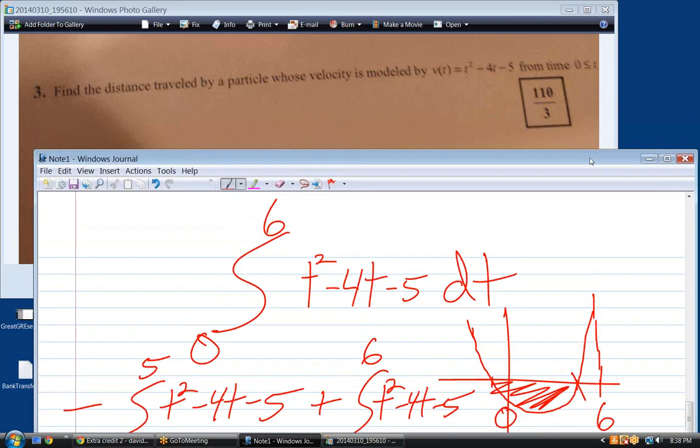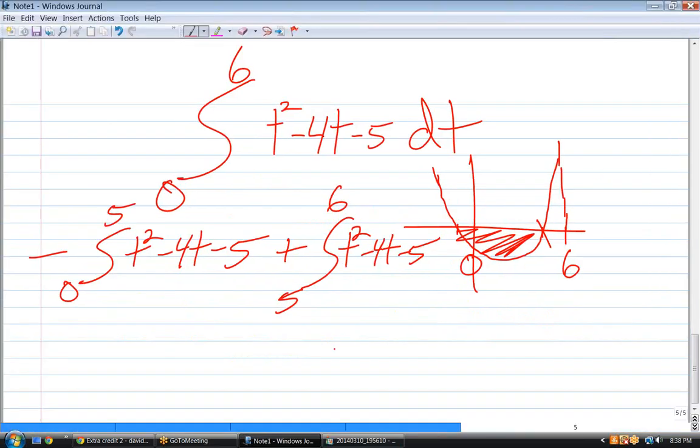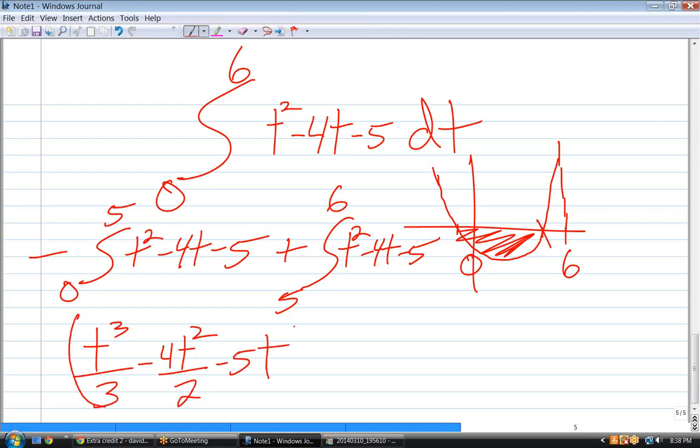So let's see if we get 110 thirds. Now let's see, we got t cubed over 3, that's a good sign. Minus 4t squared over 2 minus 5t. The only thing you got to be really careful about here is your signs.